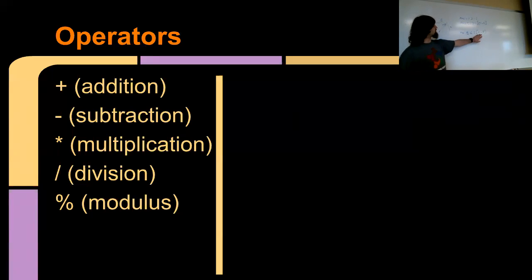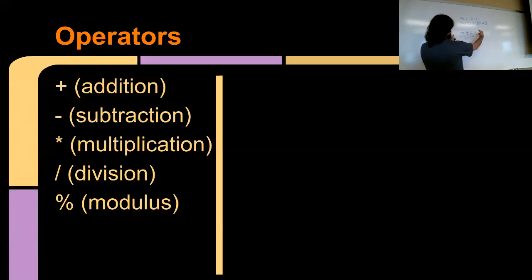But what if I wanted the values 1 through 6? What would I do here? So we know that this part here is always going to be 0 through 5.